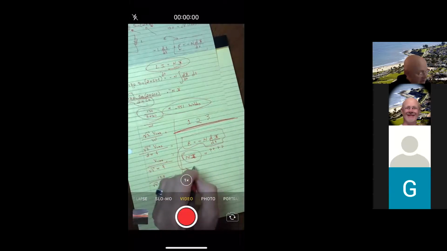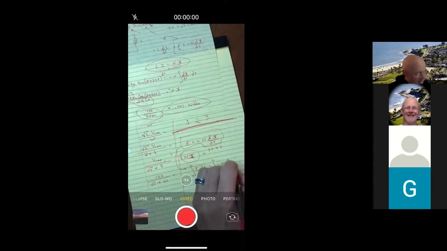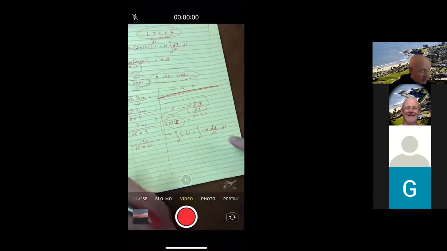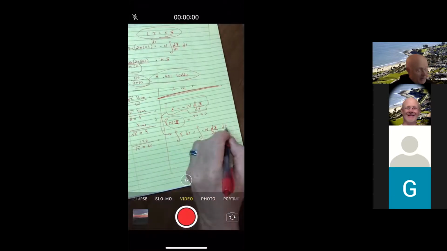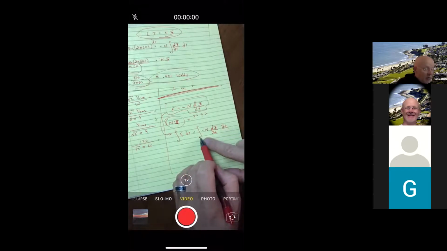So I would say if I integrate the voltage, so on this side, if I integrate, what's happening on the right-hand side here is I am really undoing a derivative. This says the derivative of the flux. This says take the integral of the derivative.